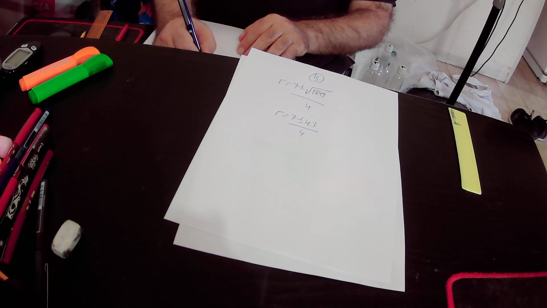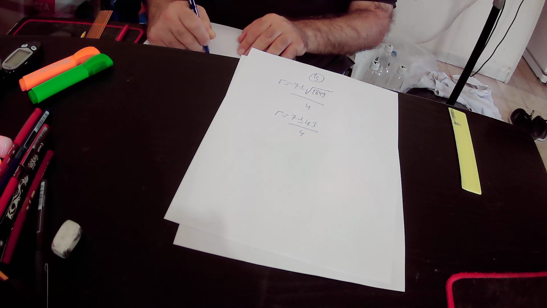So r can be equal to 43 plus 7 over 4. 43 plus 7 is 50, and 50 over 4 is 12.5. So one possibility is that r equals 12.5 units.